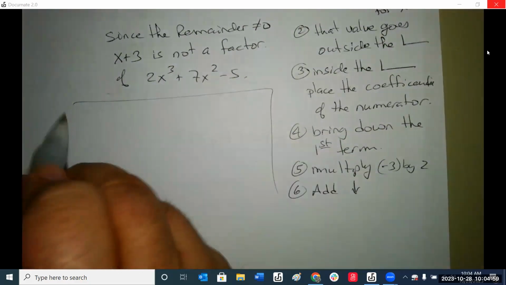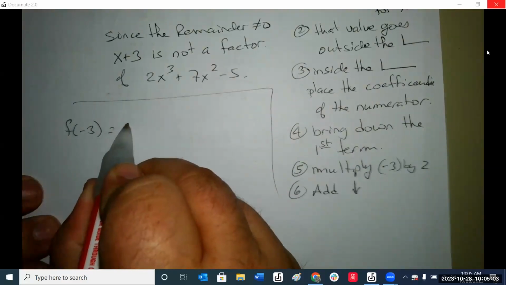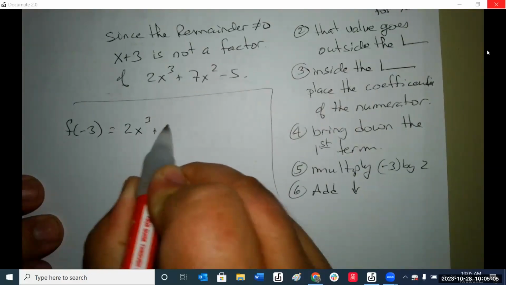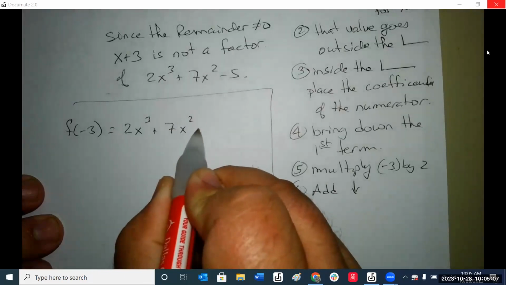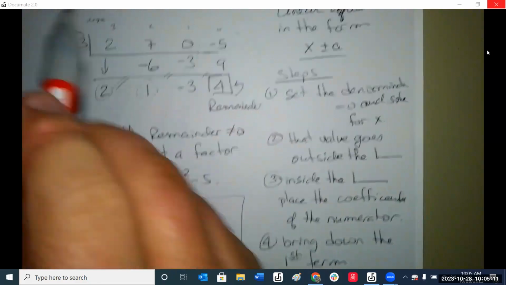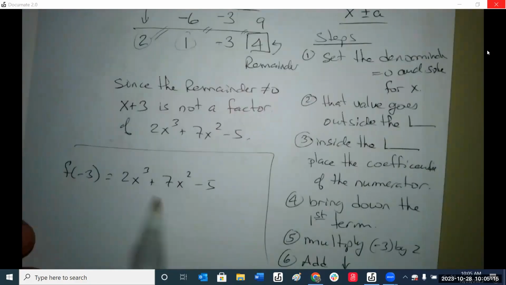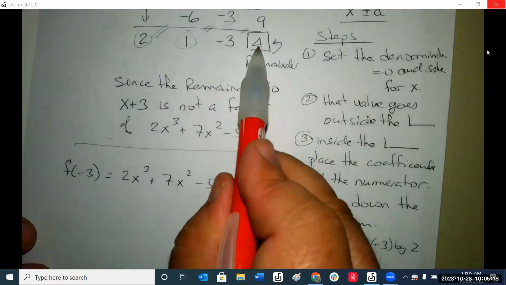What this one says here is f of negative 3. That's what we had here. So that's division. So if we put negative 3 inside this function, we should get 4 as an answer.